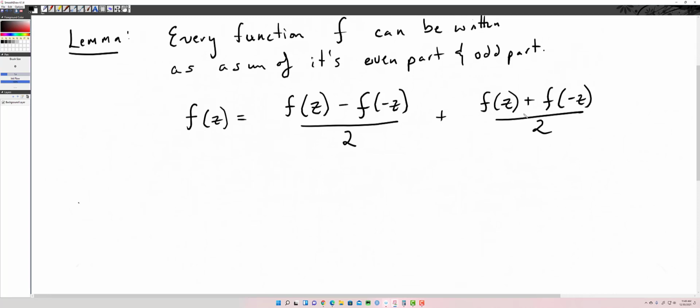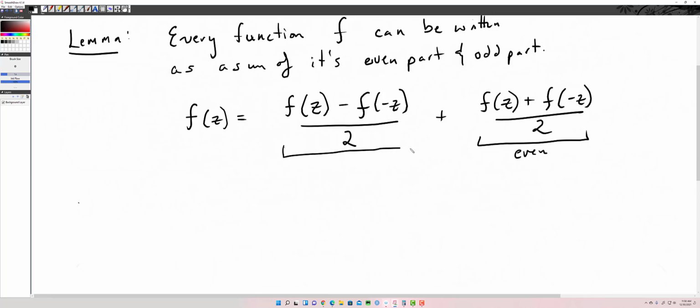Now, the odd part of this function is this part over here. Why is that? Because, wait, did I say that right? Hang on just a second. No, I did not say that right. So the even part of this function is this right here. Why? Because z equals minus z. So if I'm just restricting to this part, what I'm going to get is 2f(z) over 2, which is just f of z.